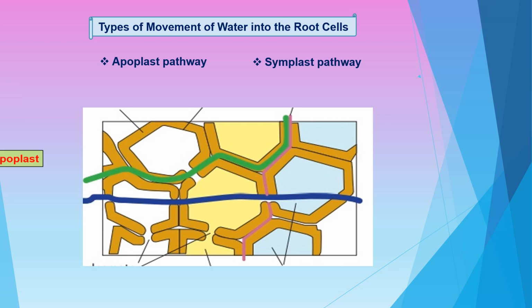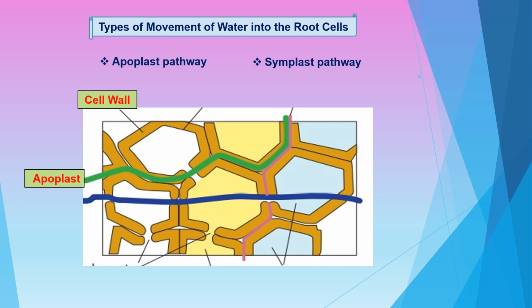The apoplastic movement of water occurs exclusively through the intercellular space. It won't disturb the cell. The water molecules move only through the space in between two cells, the intercellular space, and the cell wall of the cell. Apoplastic movement does not include crossing the cell membrane.